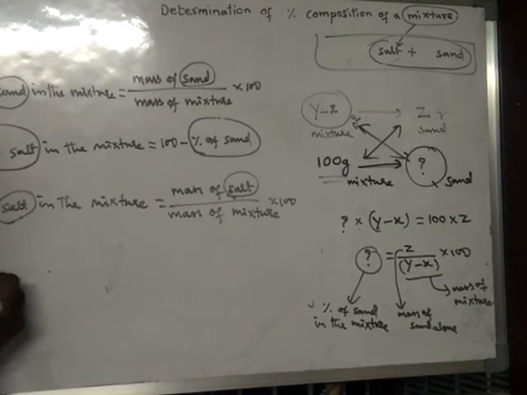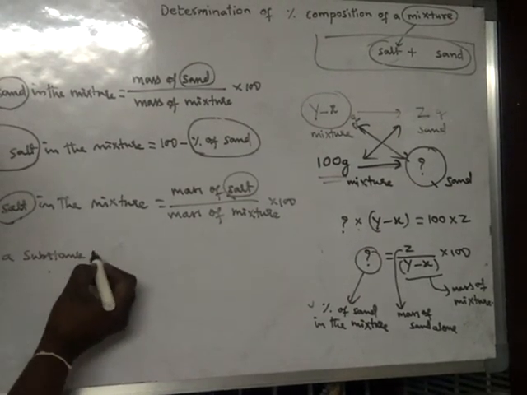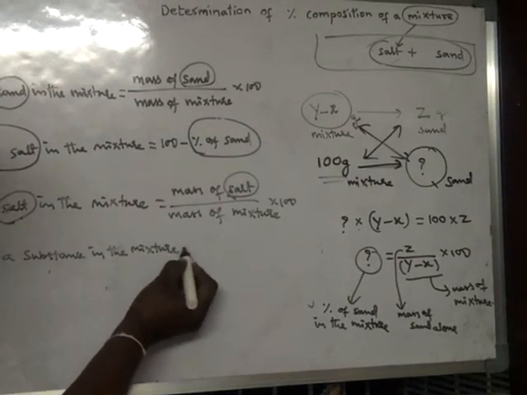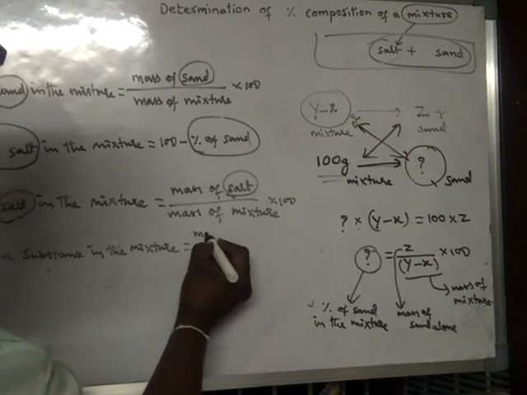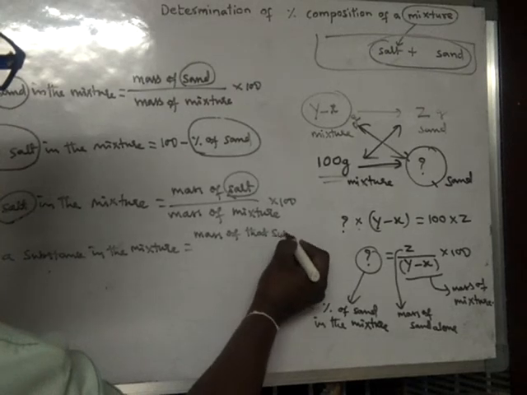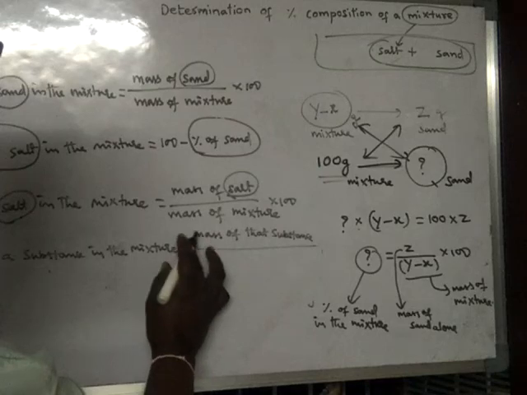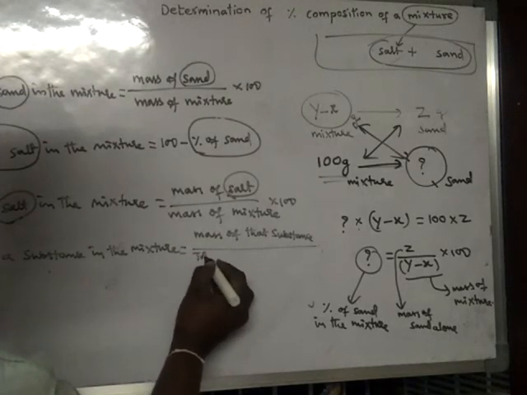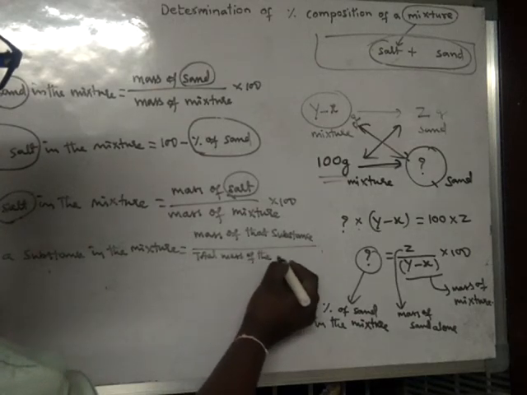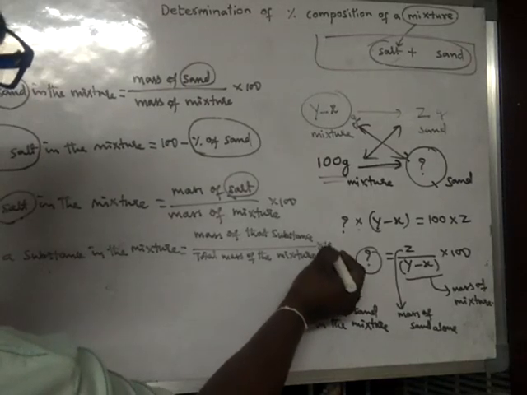The percentage of a substance in the mixture is equal to the mass of that substance by the total mass of the mixture, into 100.